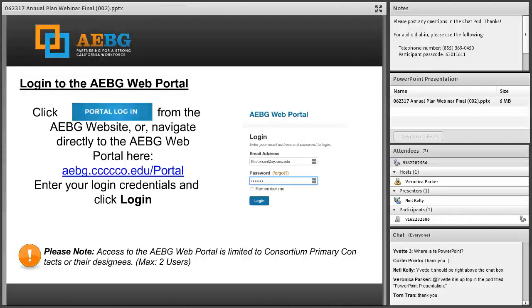So here's what you'll see when you log on to the portal. It'll say click portal log on. You can get there from the front page of the AEBG website, where you can click on this link here.